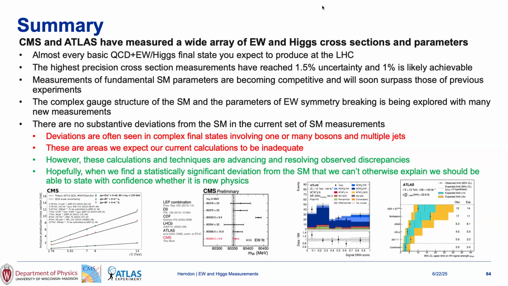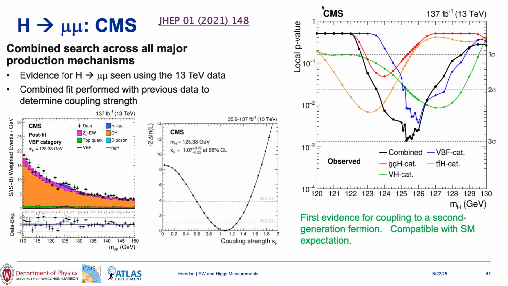For example, let's go to slide 61. Right, so we do something like this middle plot. We do some scan on some coupling parameter, or maybe several of them, and then we look at what you call the -2 delta log likelihood. We call it delta chi-squared, and then we extract p-values.